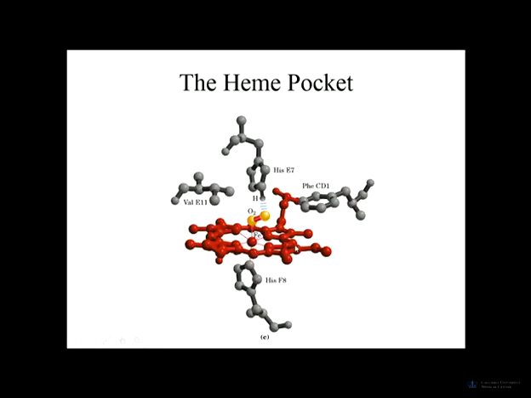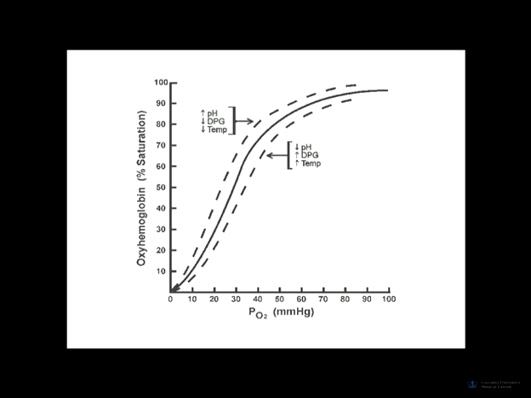So free iron itself is toxic, free heme itself is toxic, and in order to harness the transition of this iron state for oxygen delivery, the heme is held in the globin chain between 2 histidines. So the heme pocket has this heme molecule with the iron held in this pocket, so that oxygen can come and go into this heme pocket. So that's how oxygen is bound by hemoglobin.